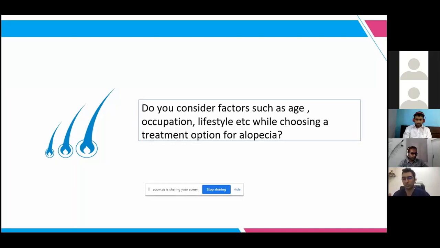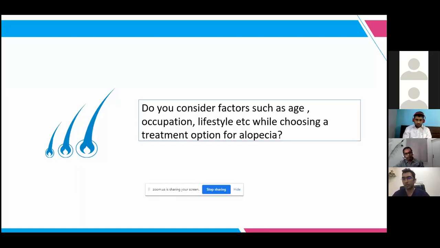Suppose I'm talking about a 25-year-old male who is a little more conscious about the side effects of finasteride and would be thinking twice or thrice before he starts the medicine. Sometimes the patient is pretty much occupied with routine work and may not be able to apply the minoxidil twice a day. So in such a scenario, when a male patient comes to me, instead of 5% minoxidil twice a day, I would prefer 10% minoxidil once at night.